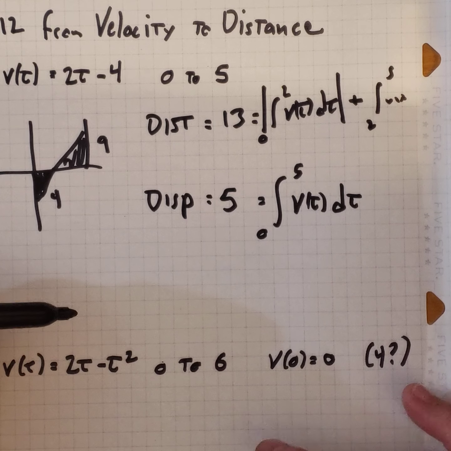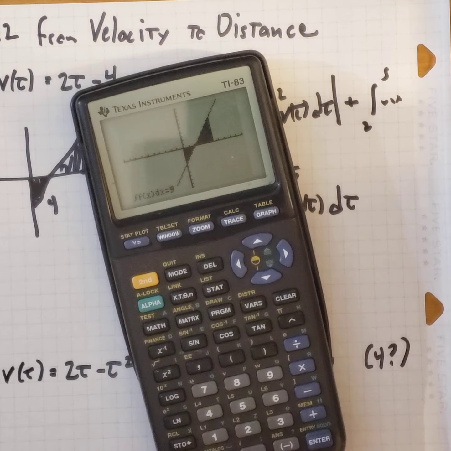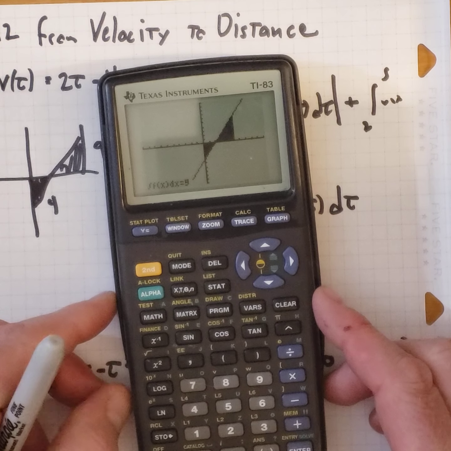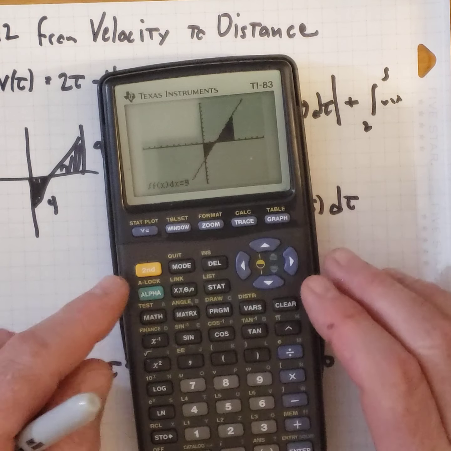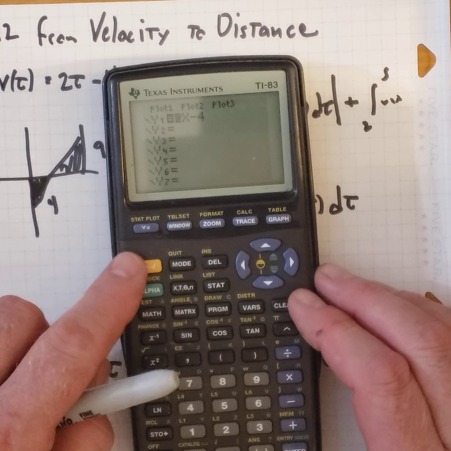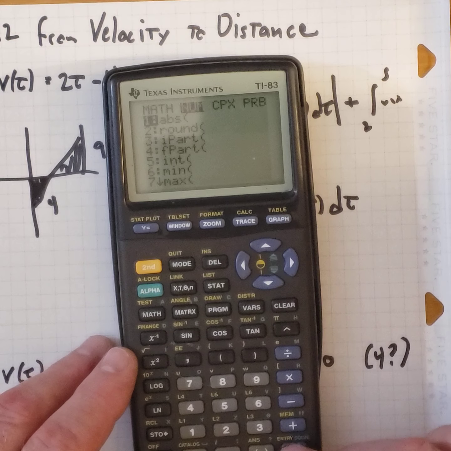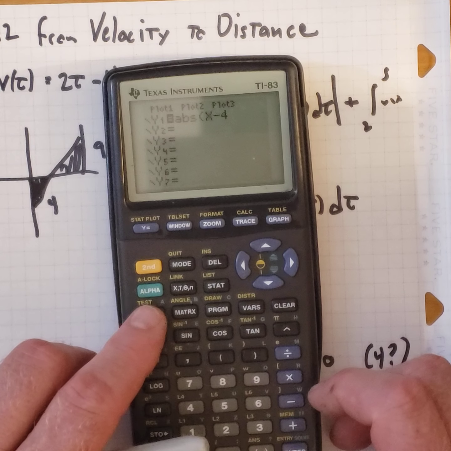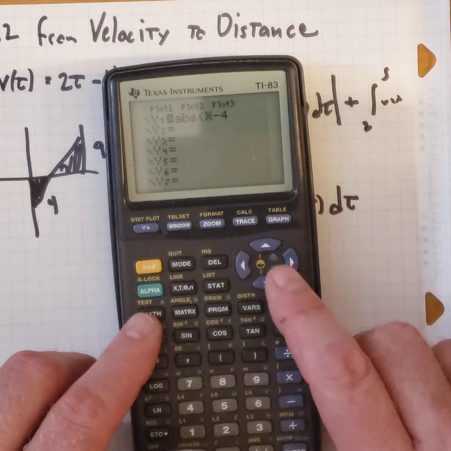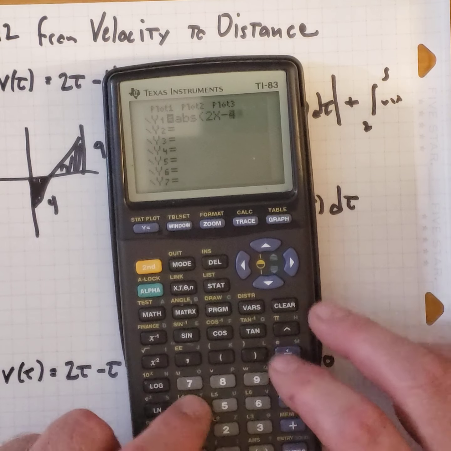the total distance traveled. An easy cheat to do that in the calculator is if we want to consider this distance to be positive, we can just go in here and instead of doing 2x minus 4, let's do the absolute value. Okay, so I went to math and then arrowed over, enter for absolute value, and then 2x minus 4.